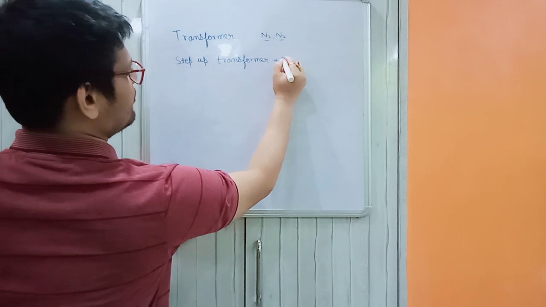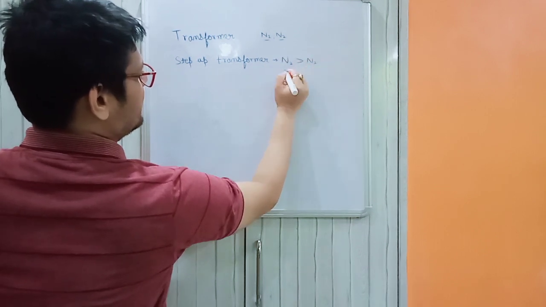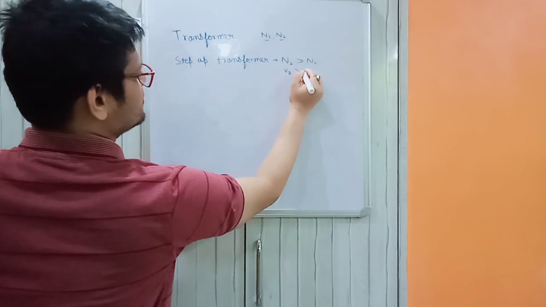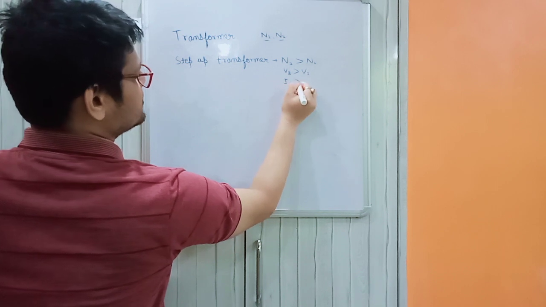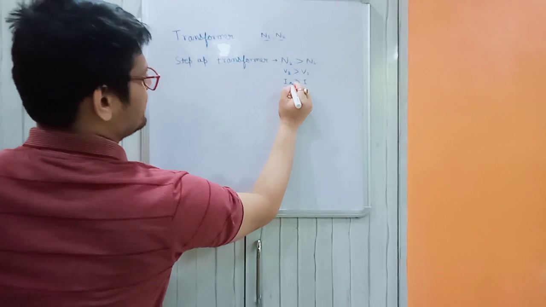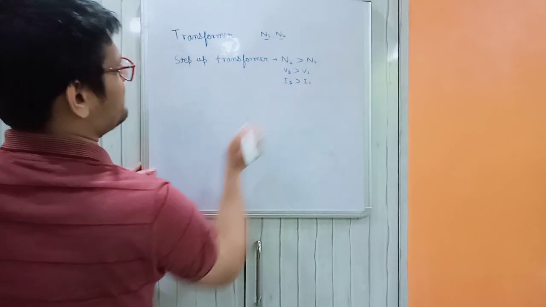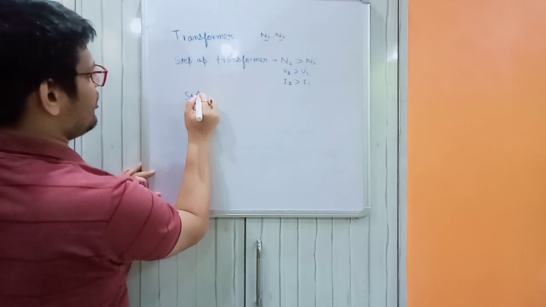In a step up transformer, N2 will be greater than N1. So the secondary voltage will also be greater than the primary voltage, and the primary current will be greater than the secondary current. The step down transformer is totally opposite.